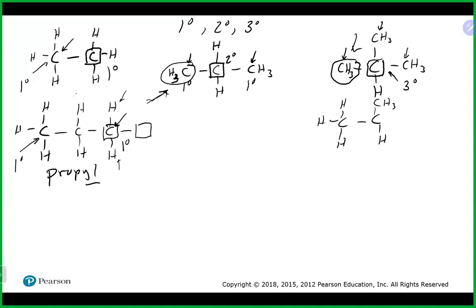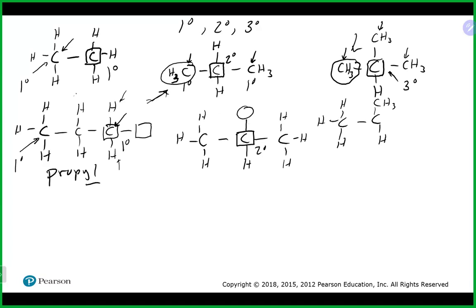Now, because propane has not only primary carbons, it also has this carbon in the middle right here, which is what type of carbon? That would be a secondary carbon. It has the ability to attach at the secondary carbon location to a group, and it could attach right here to the ring.